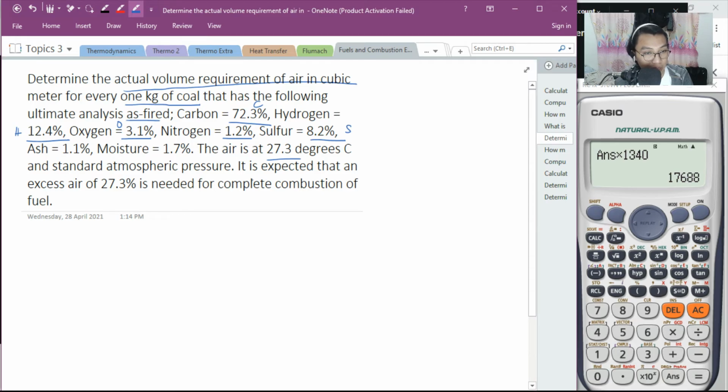It is expected that an excess air of, meron ka na naman excess air. Okay? O, the air fuel actual is equal to air fuel theoretical multiplied to 1 plus excess.